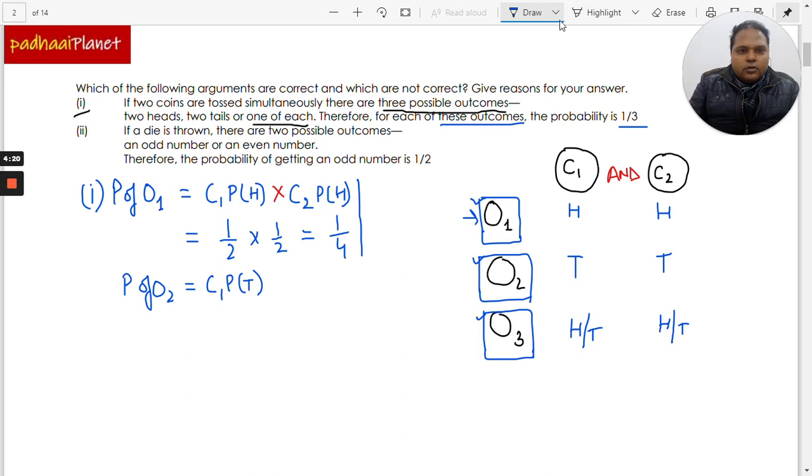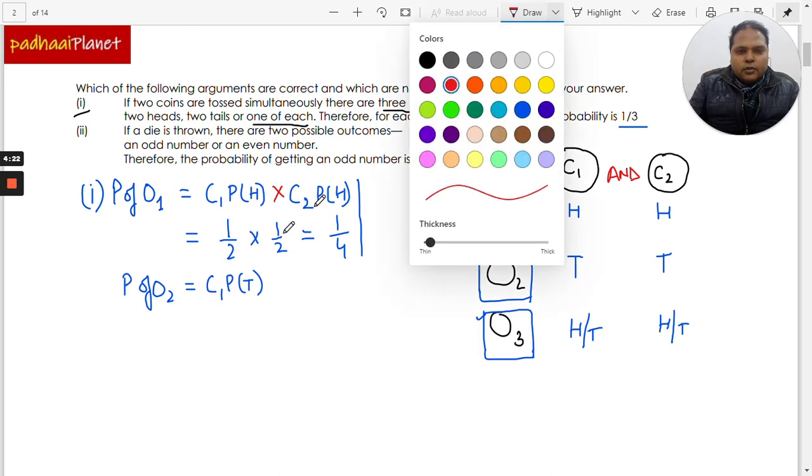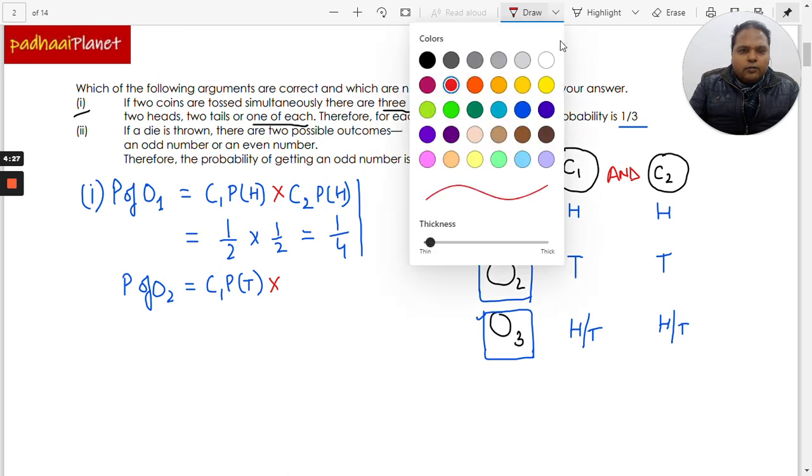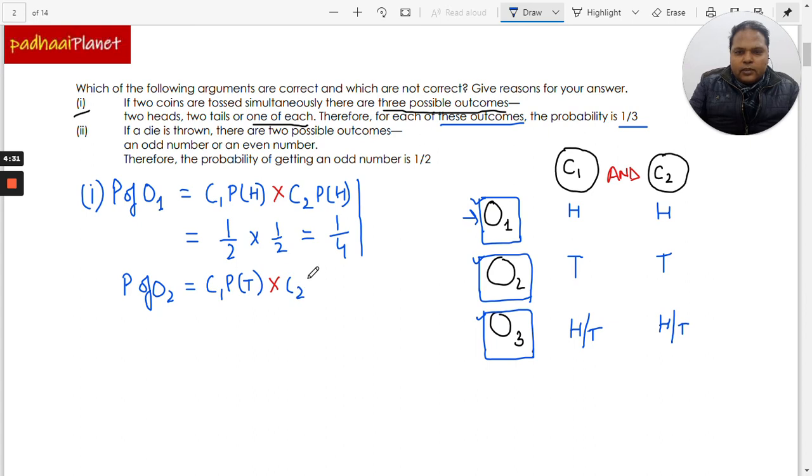Again this is going to be a multiplication, because here we have the situation of "and". So that is again 1/2 multiplied by 1/2, and that's 1/4. So this one is also not satisfying the 1/3 condition.